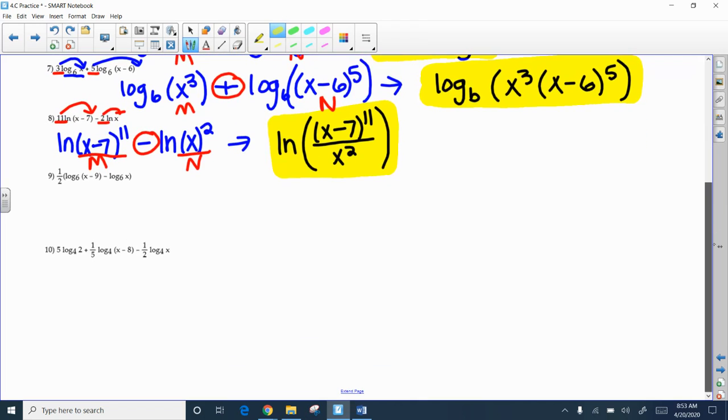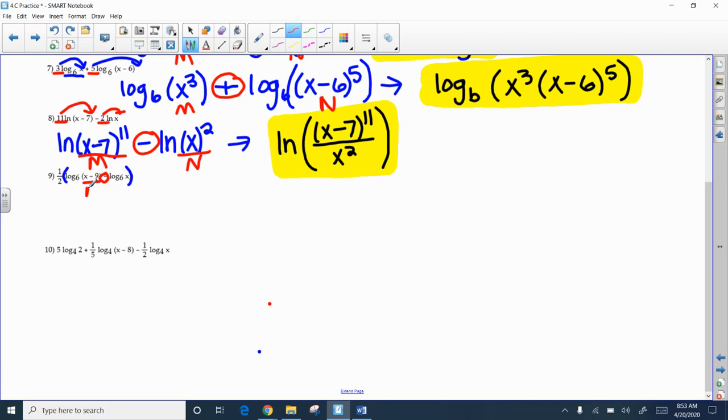All right, number 9. This one's a little different because it has these parentheses here. Anytime we have parentheses, and notice I have parentheses around this whole expression, I'm going to do order of operations. So I'm going to condense these first before I do anything with the half. Here, these have a minus in between, so this is in the form log base b of m minus log base b of n.